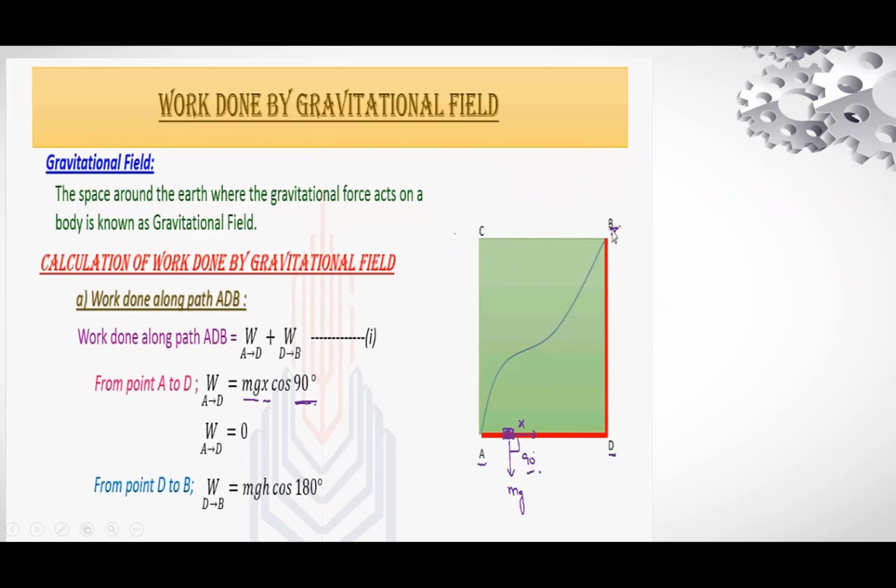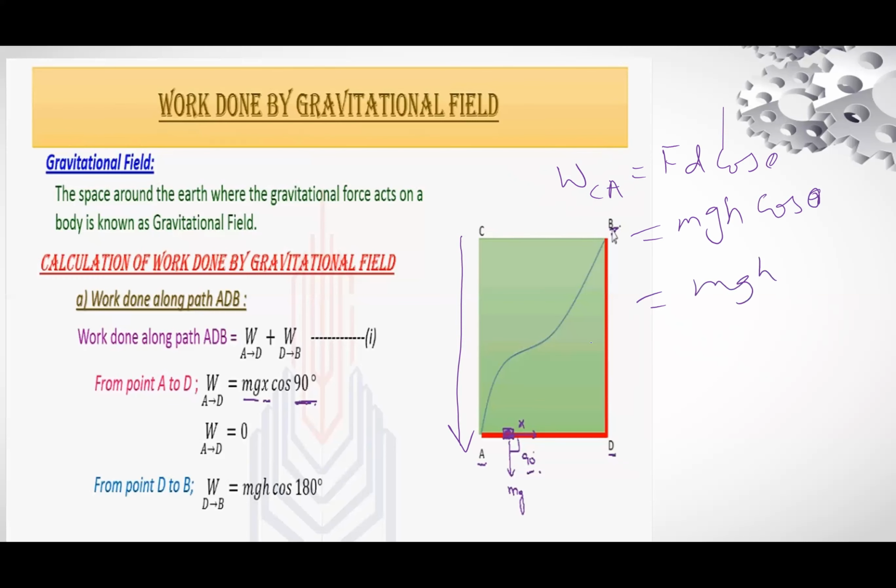Now, if a body moves from C to A, work from C to A is equal to F d cos theta. F is equal to mg, d is equal to h, and cos 0 is 1, so the work is mgh. The same amount of work is done.